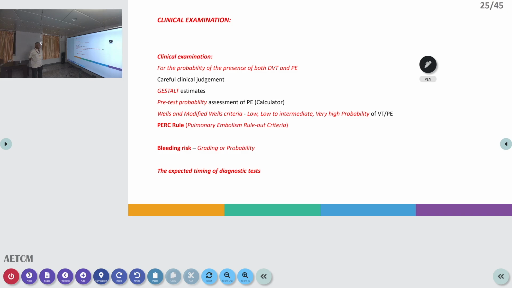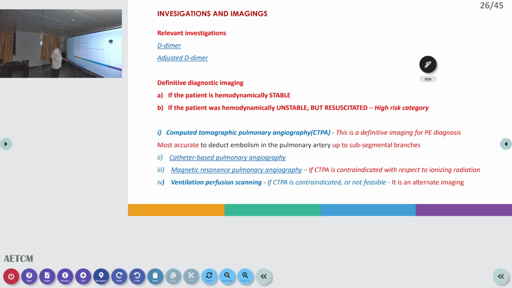And then we have to assess if the patient has any bleeding risk, when you are thinking about administration of anticoagulants and thrombolytic agents. Consider the expected timing of the diagnostic test, and avoid any undue delay waiting for a confirmatory test. Then investigations: D-dimer and adjusted D-dimer.